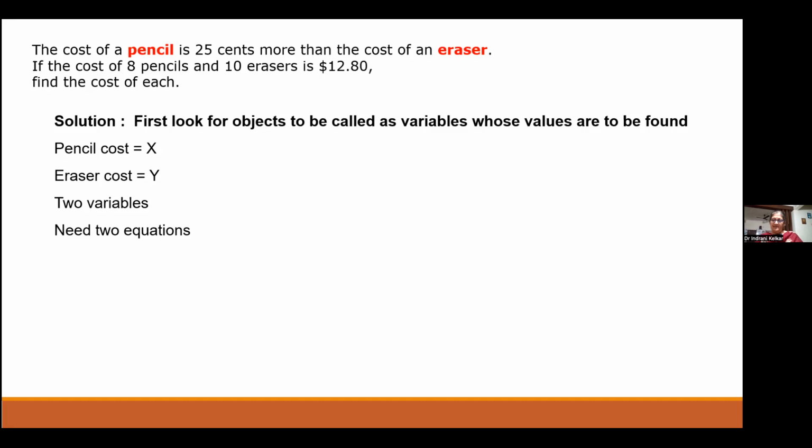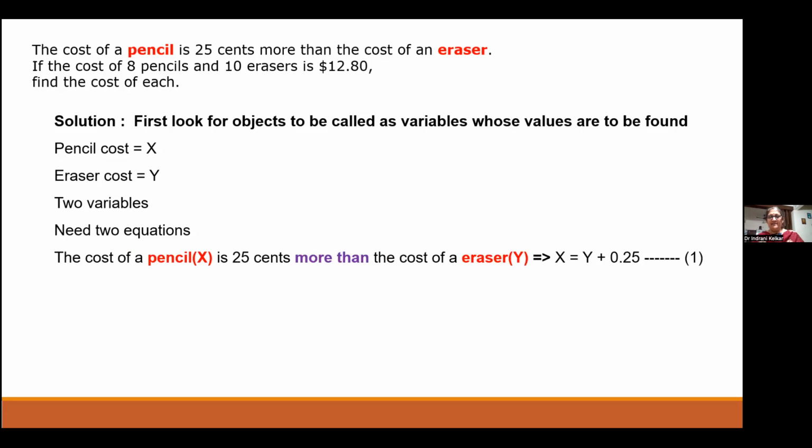If it is not talking about multiplication between the objects, we say it's a linear relationship. So you have 2 variables, and to get a unique answer, you need 2 equations. That's the basic of solving this kind of problem.